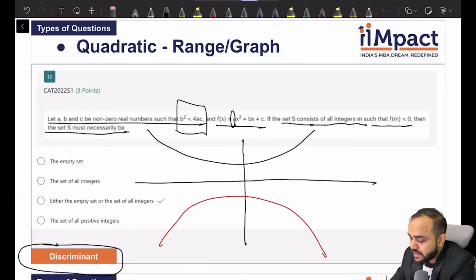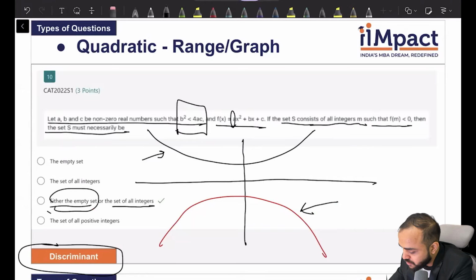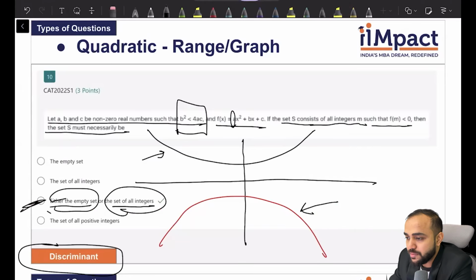Because discriminant is less than 0, b square is less than 4ac, it means that you will not intersect the x-axis. If this is the red graph, would you be less than 0 for all integers m, set of all integers? But if you are in the black graph, when your a is greater than 0, you will never be less than 0. So you could either be this or this. So your answer will be option number c.